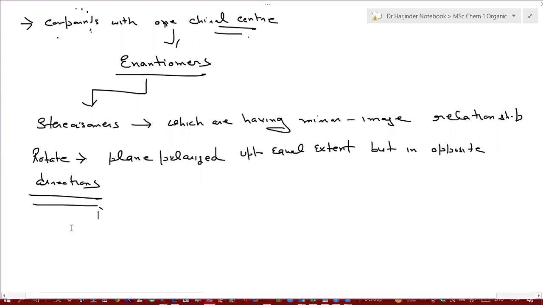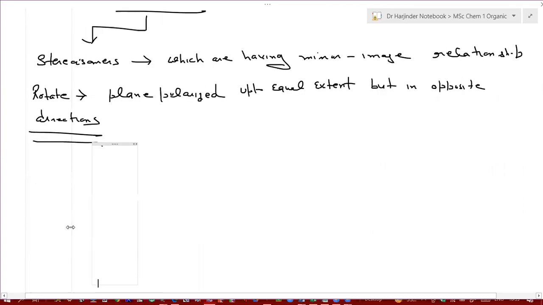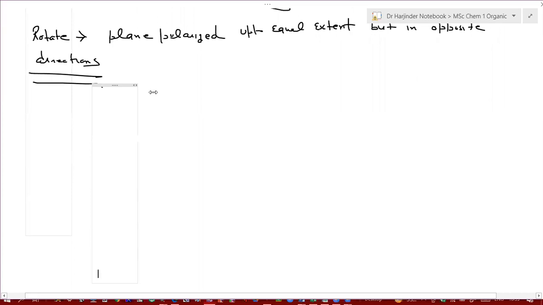For example, give me some simple examples, like lactic acid. So what is lactic acid? CH3, CH, OH, COOH, and its mirror image.